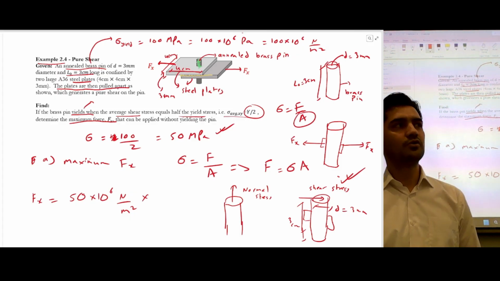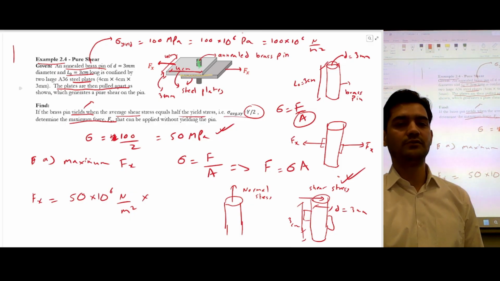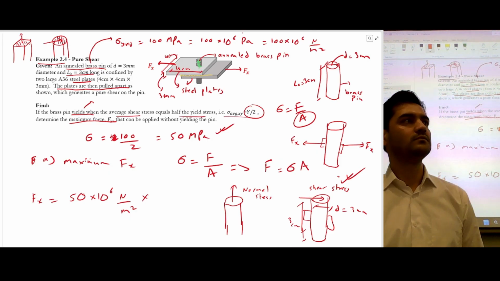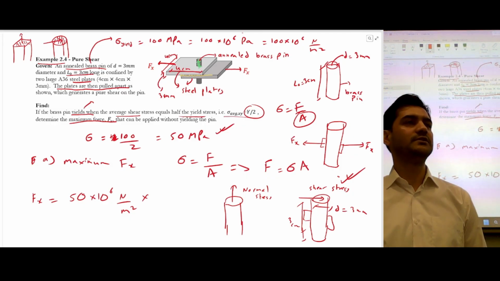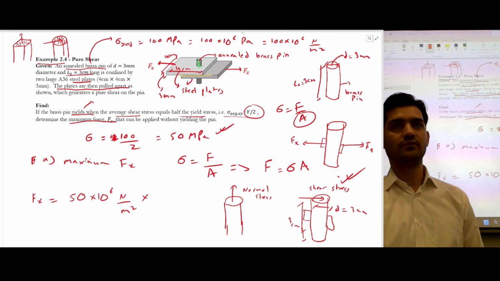The area is the cross-sectional area where the force is being applied. For example, if it's a normal force, that's the area, and if it's a shear force, then that's the area. So the cross-sectional area where the force is being applied is the area we have to consider. That's the cross-sectional area of a circle.